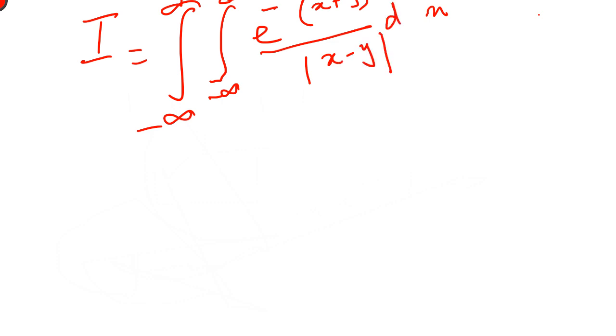What you were asked in that question was to evaluate this integral from minus infinity to plus infinity. It's a 2-dimensional integral: e to the power minus (x plus y) by mod (x minus y), dx.